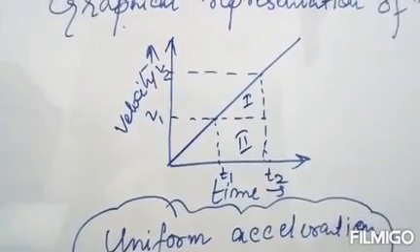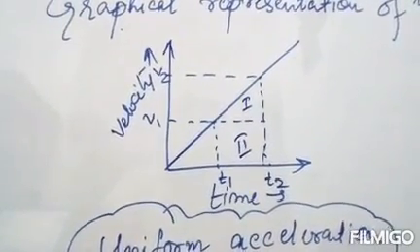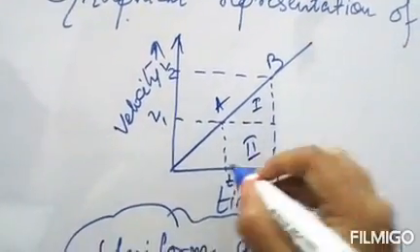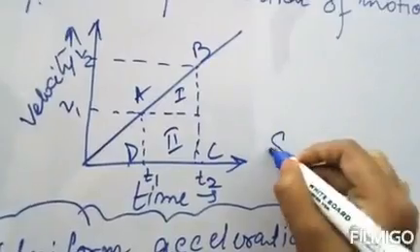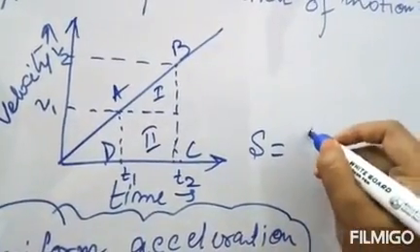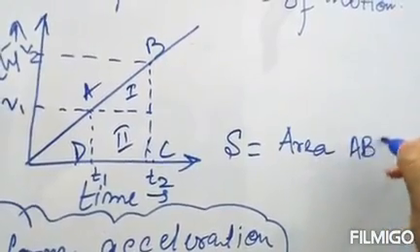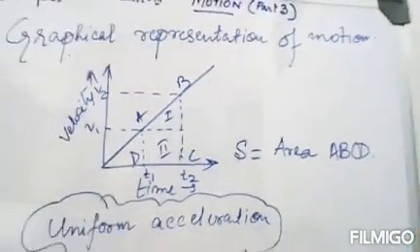Finding the area, let the points be A, B, C, D. And what is distance then? Area ABCD. Understood?